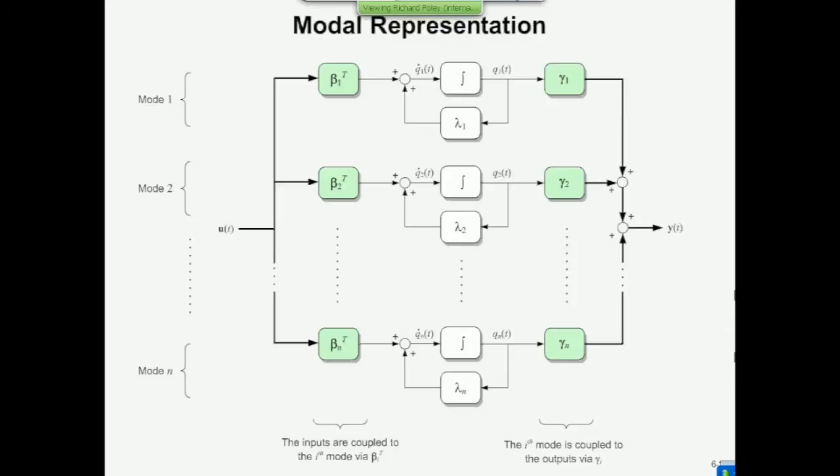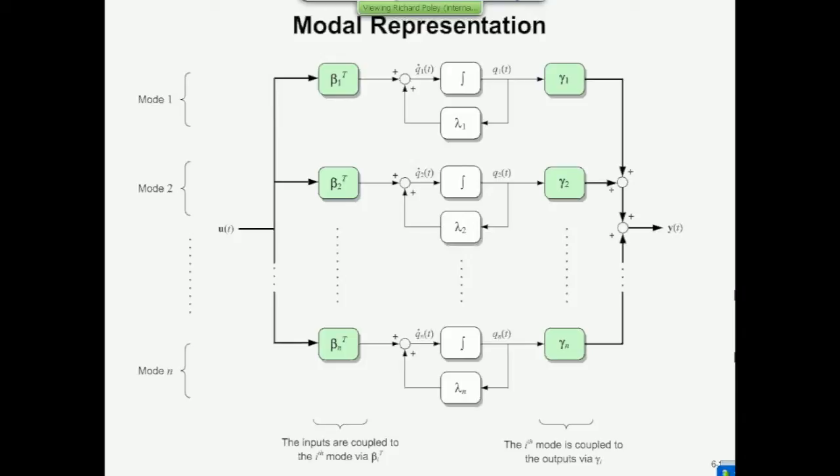Now, this diagram, I think, will tie it all together, because this is graphically what we've done. We've changed the nebulous representation in state space into a completely separate set of states, each of which is completely decoupled from all the others. And it's scalar now, because q i dot depends only on q i, and vice versa.